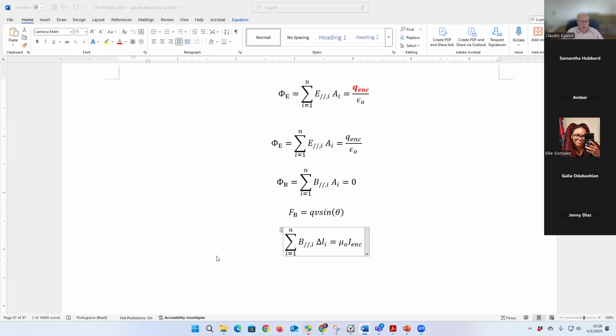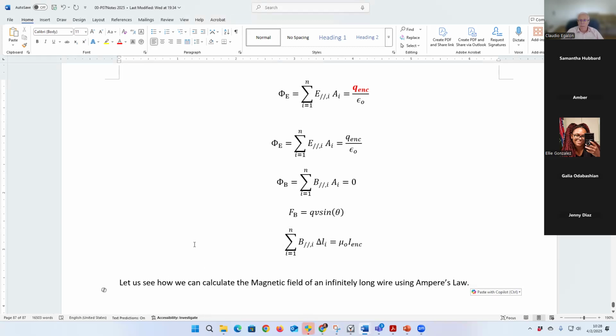The first example that I'm going to do is that for an infinitely long straight wire using Ampere's law.